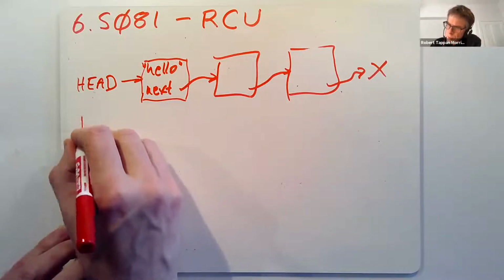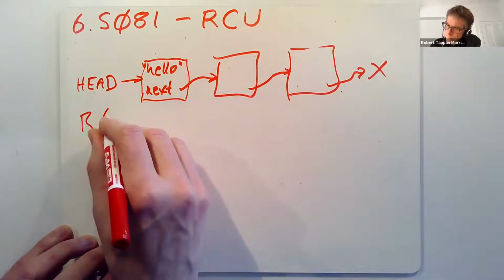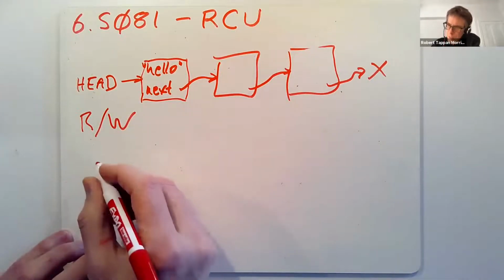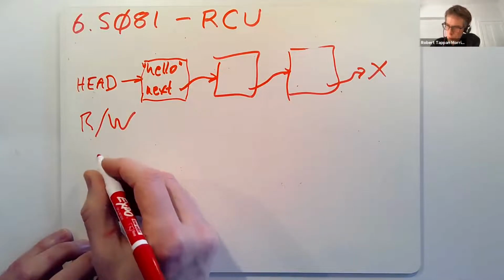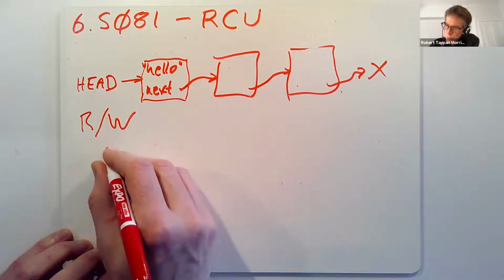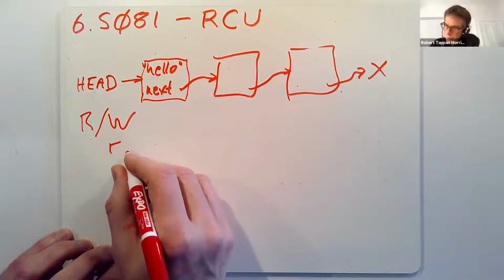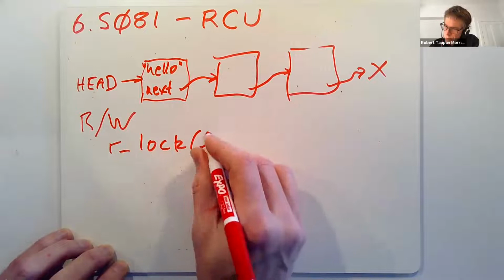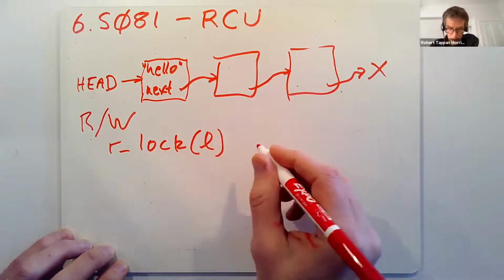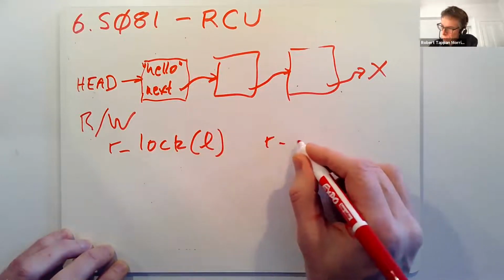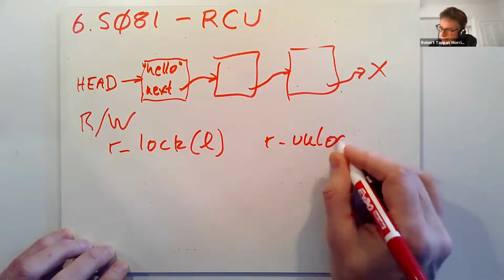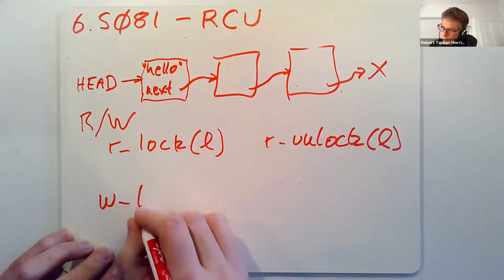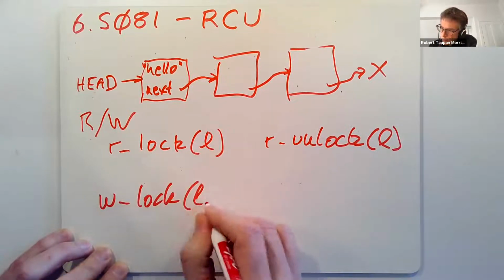So there's this notion called read-write locks. And the interface is a little more complicated than the spin locks we're used to. We're going to imagine that there's one set of calls that you call if you just want to read something: an RLock call, where you pass it a lock, and also an RUnlock call. Readers call these, and then there's a write lock call and a write unlock call also.